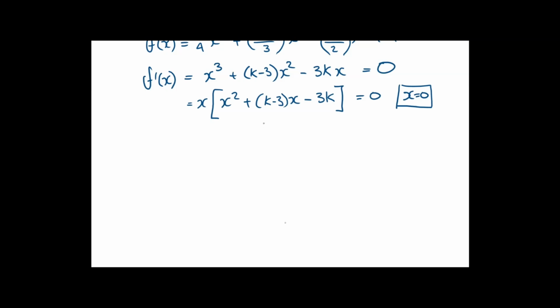So let's take this x and put it to one side. I'm just going to factorize exactly the same way I would factorize anything else. So I want something that multiplies to give me negative 3k and adds to give me k minus 3. Well, it's just going to be k and minus 3. So we're left with x plus k, x minus 3 as our solution.